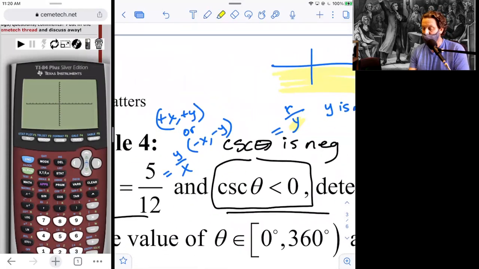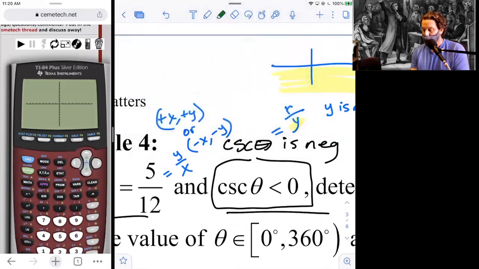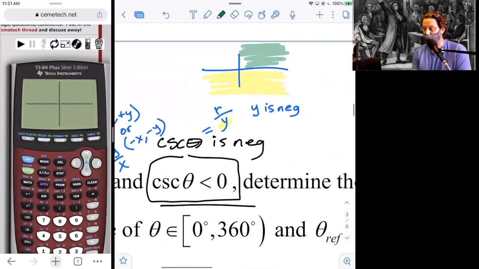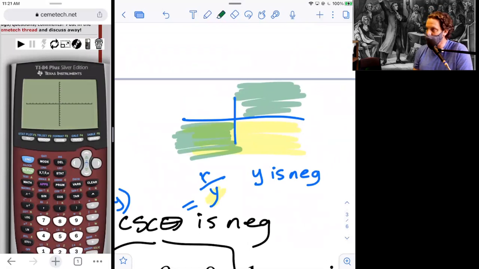What quadrant does that put you in? Well, let's come over here. I'll choose a darker shade. Positive x, positive y puts us in quadrant 1. And where does negative x, negative y put us? Quadrant 3. Now, what's the only overlapping quadrant? 3.